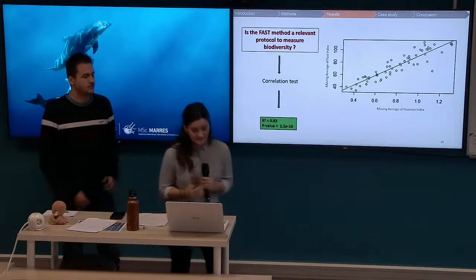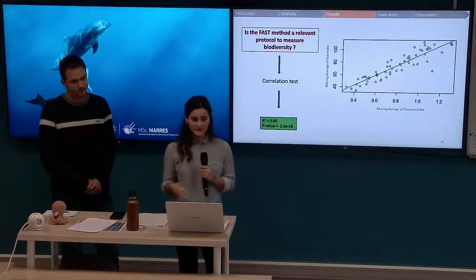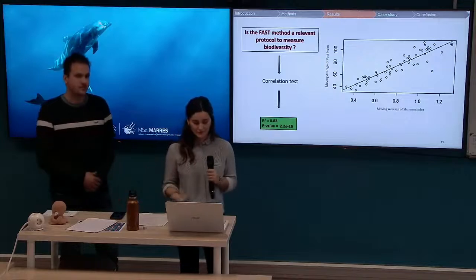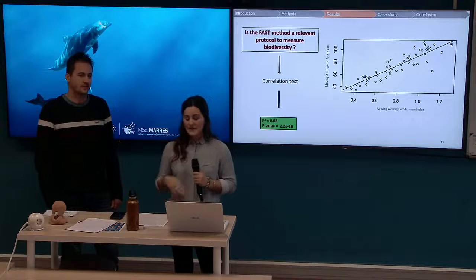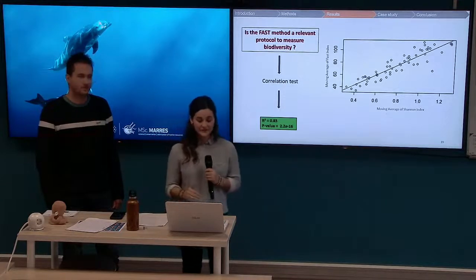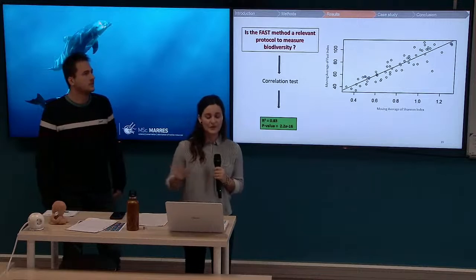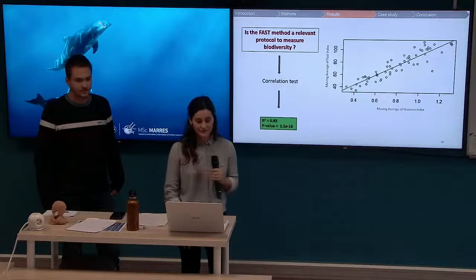Then we have a second piece of information, which is the p-value. The p-value gives us the significance of this relationship. In statistics, there is a threshold of the p-value, which is 0.05. If the p-value is under it, then the results are significant. But if it's above 0.05, then the results are not significant.